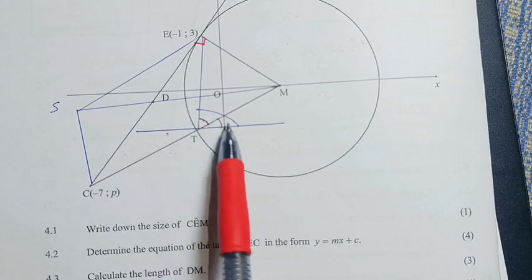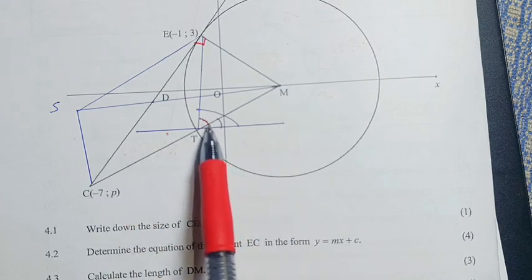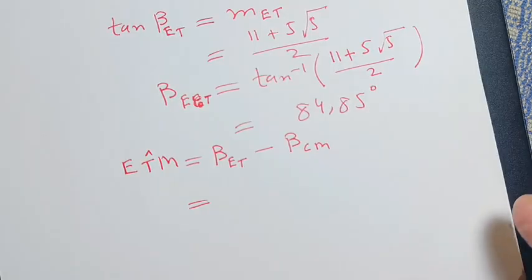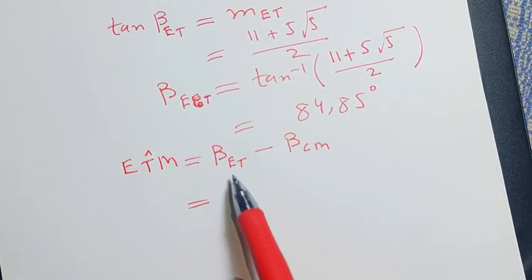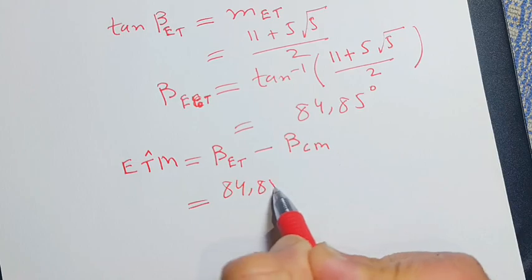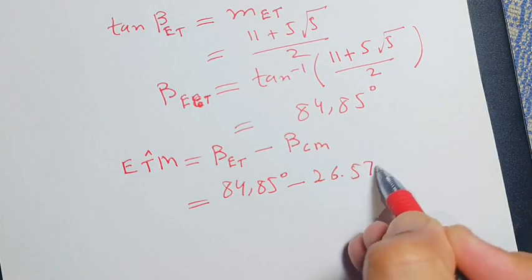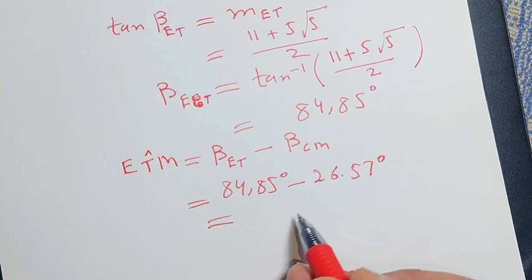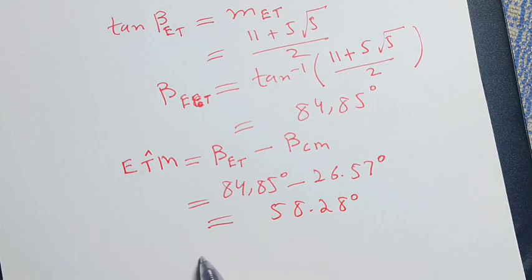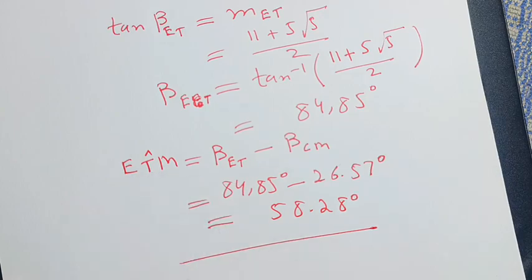From the beta ET, minus the angle MC, the small one, and then it will give me this red one, angle T. So for ET we got 84.85 degrees minus that angle 26.57 degrees, beta CM, and that will give me 58.28 degrees. So that's going to be angle TE, angle TM. So this is my final answer.